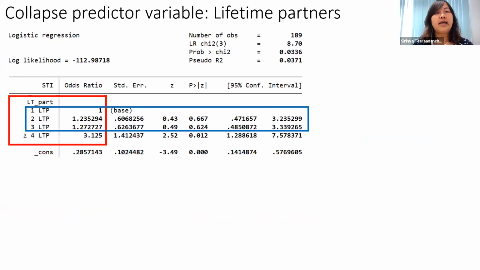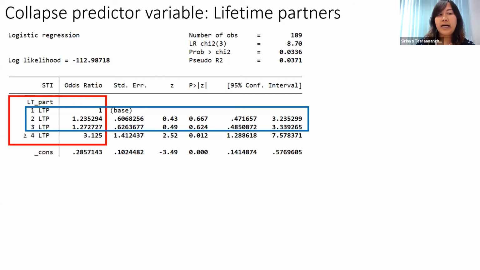And also another variable: when I did the univariate model, we found that for lifetime partner, normally we have 4 groups. We see that the second and the third groups are a bit increased, 23% and 27%, and the 95% confidence intervals are very close between these groups.